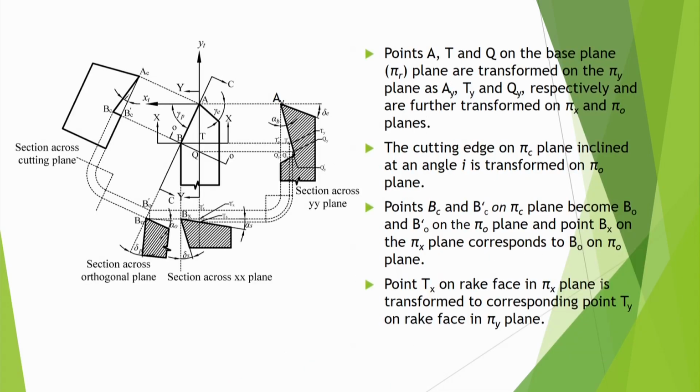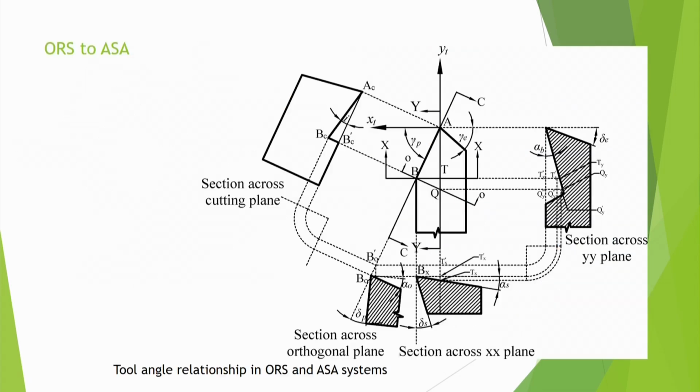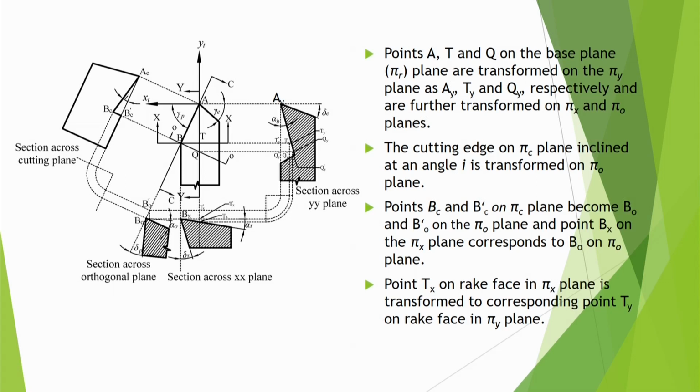Now here, the points A, T and Q on the base plane are transformed on the pi y plane, that is, the section across the YY plane, as AY, TY and QY respectively, and they are further transformed on the pi x and pi 0 planes also. The concept is that you have to keep seeing the height. Suppose the height in the orthogonal plane and the YY plane will appear to be the same.